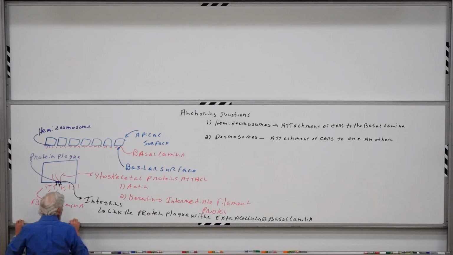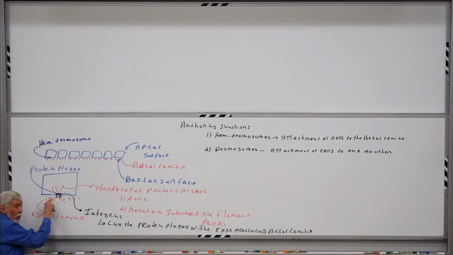The protein that you most commonly find out here that's binding the integrin to the extracellular matrix is a molecule called integrin. I'm sorry, it's a molecule called laminin. So the laminin is a molecule outside the cell. It's embedded among the proteins in the basal lamina. The extracellular portion of the integrin molecule binds to laminin.